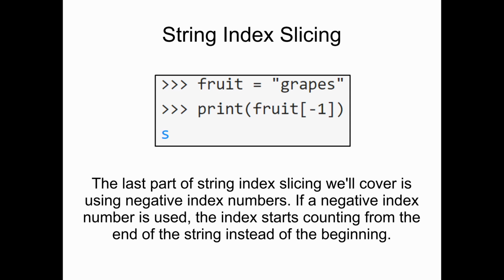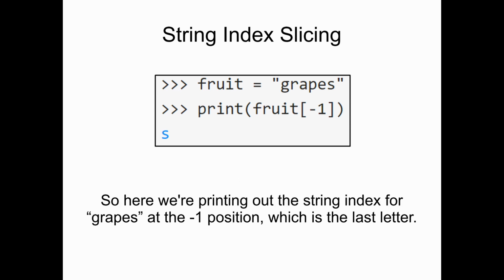If a negative index number is used, the index starts counting from the end of the string instead of the beginning. So here, we're printing out the string index for grapes at the -1 position, which is the last letter.